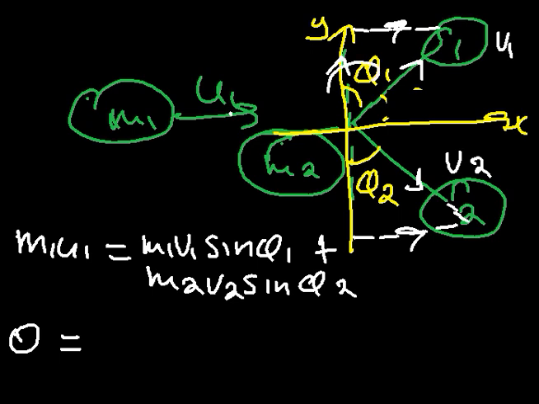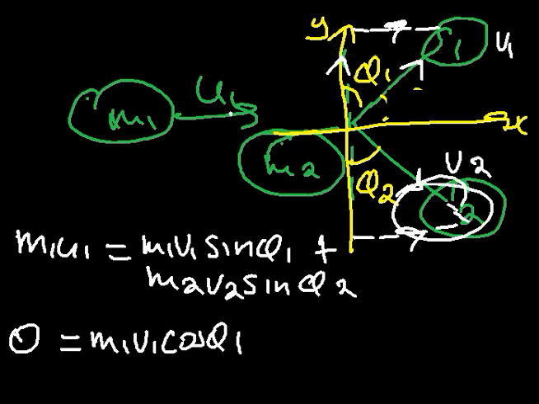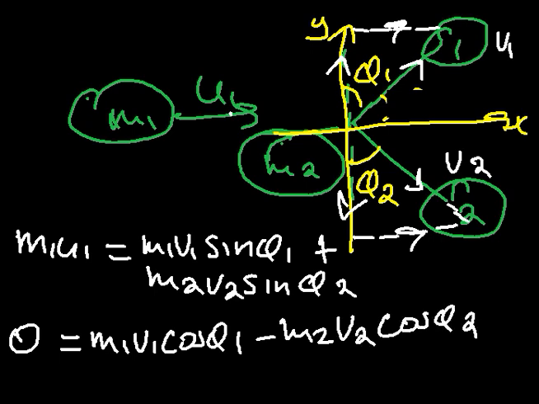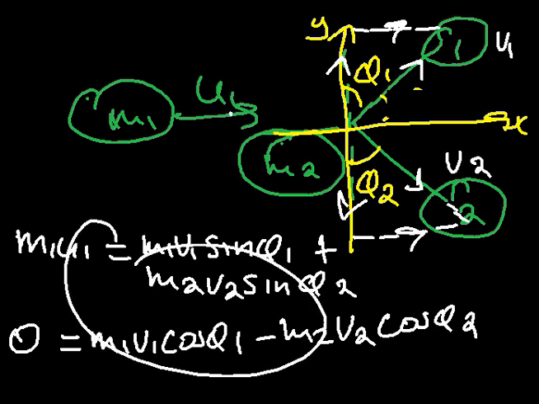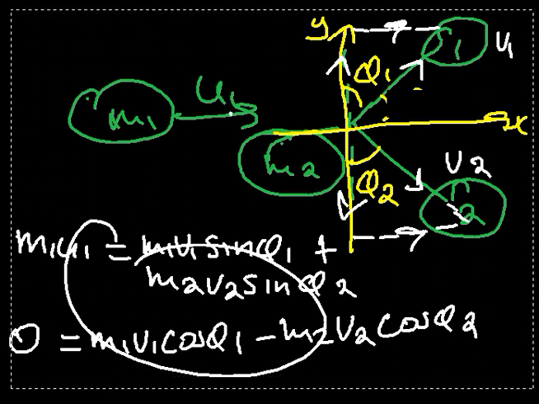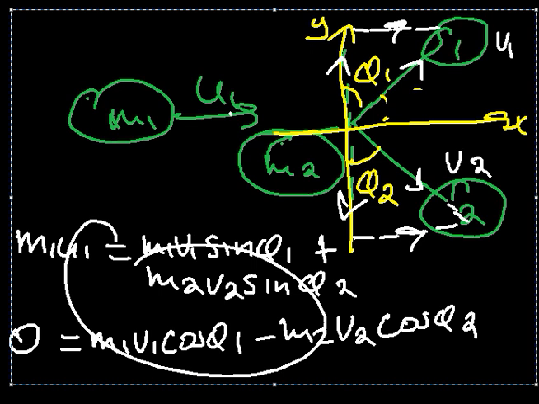That will be given upon resolving as m1 v1 cos theta 1, and the y component for this one is going downwards, in the negative direction, so we have negative m2 v2 cos theta 2. So these will be the formulas that I'm going to use in order to solve for anything we are asked based on the case of the problem. So take note of that.